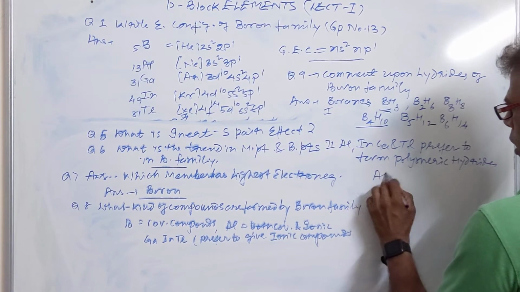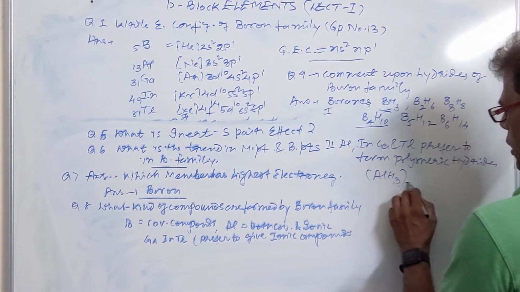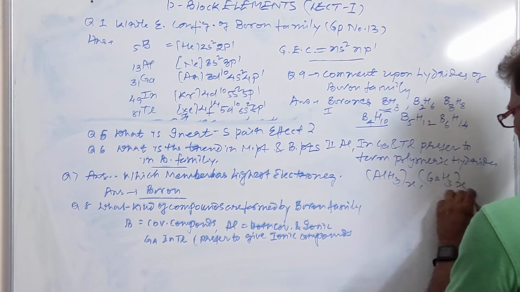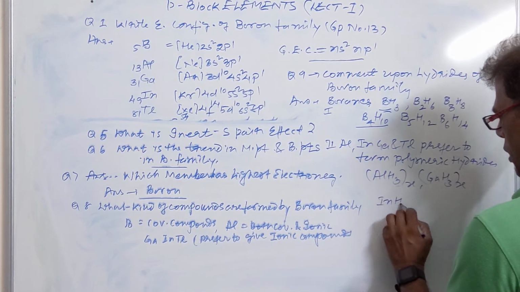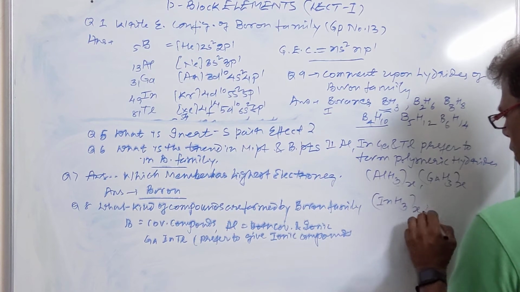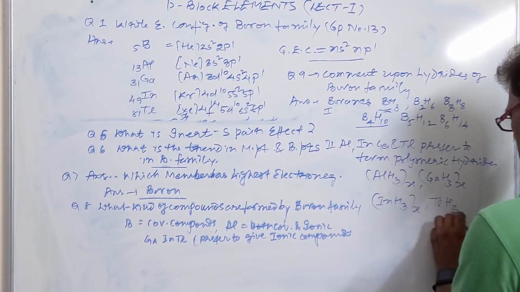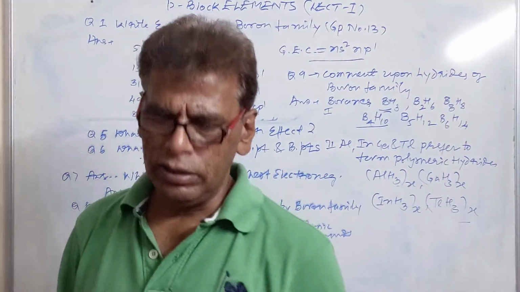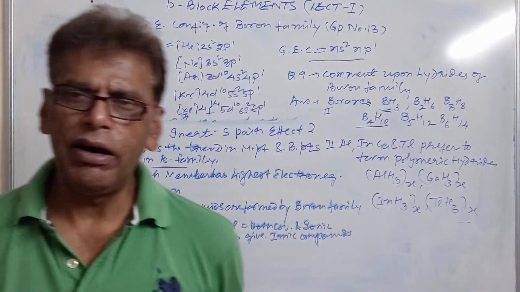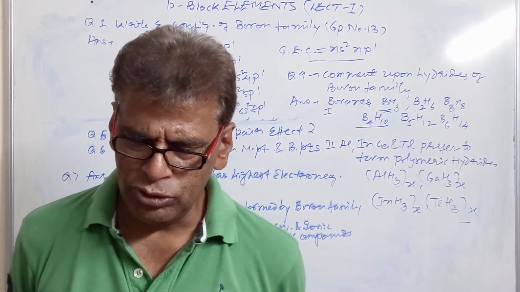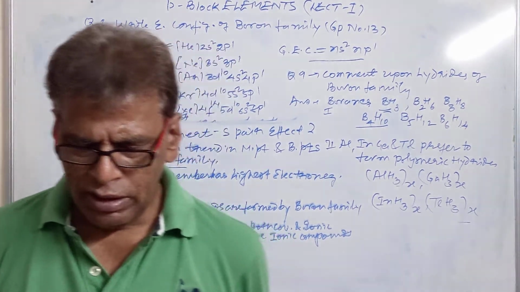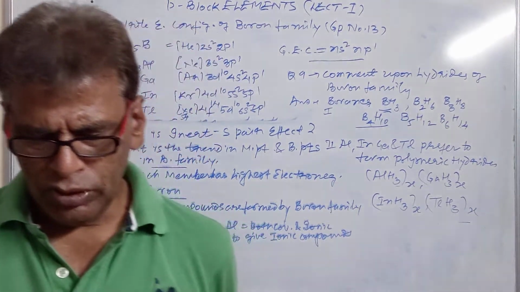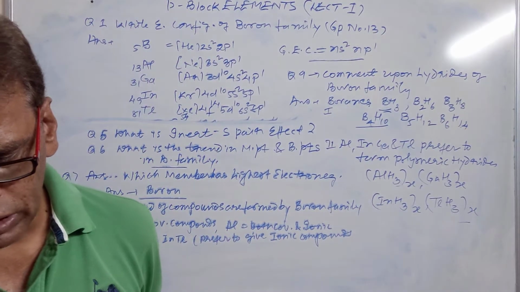They are (AlH3)x, (GaH3)x, (InH3)x, (TlH3)x. They form long chains of hydrides, where hydrogen atoms stabilize the bridge between the large size central metallic atoms. So these are the hydrides of all these elements.